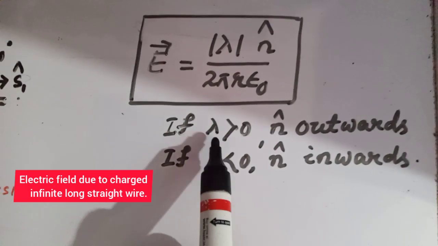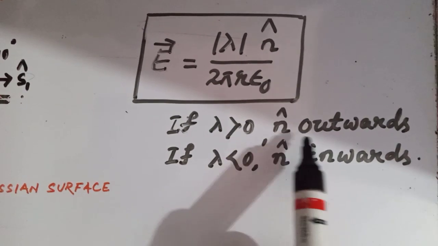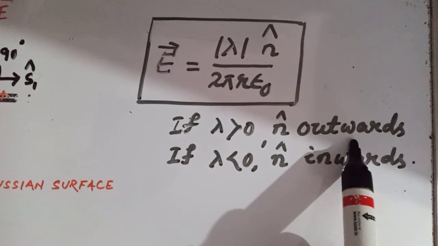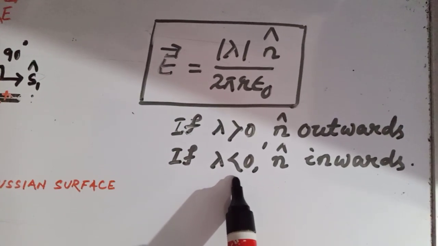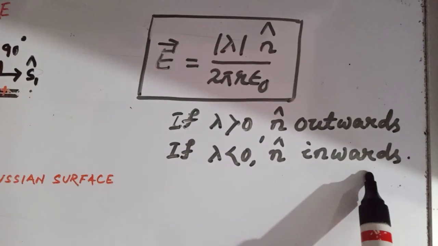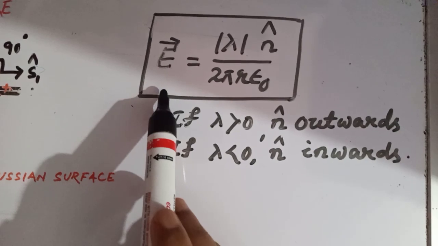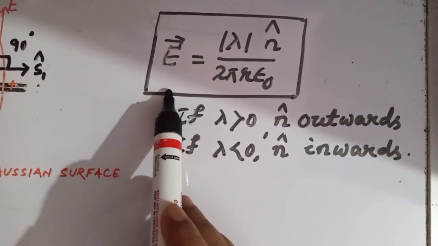When lambda is greater than 0, that is Q is positive, then n cap is outwards, that is the electric field is outwards. When lambda is less than 0, that is Q is negative, then n cap is inwards, that is the electric field is inwards. So this expression is the vector form of the electric field due to the linear charge distribution.